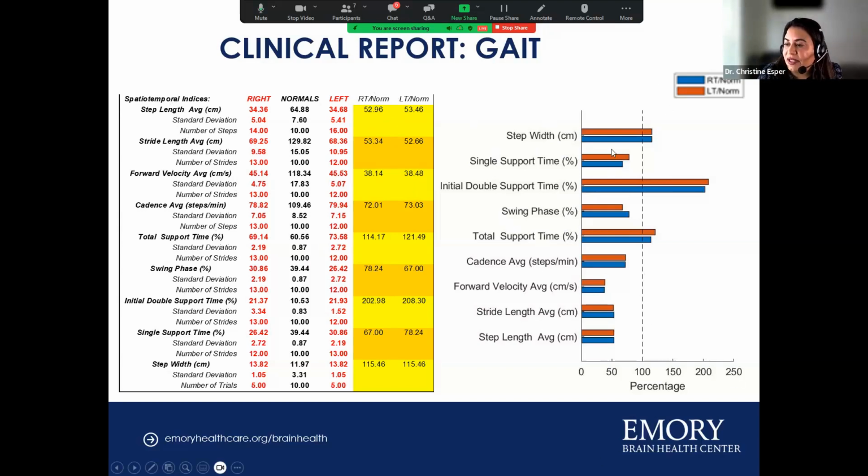Then we have this nice figure that depicts this information to help patients and clinicians just look quickly and see. You can see here's normal at 100%, and you're like, wow, look at how much lower forward velocity, step and stride length were, for example.